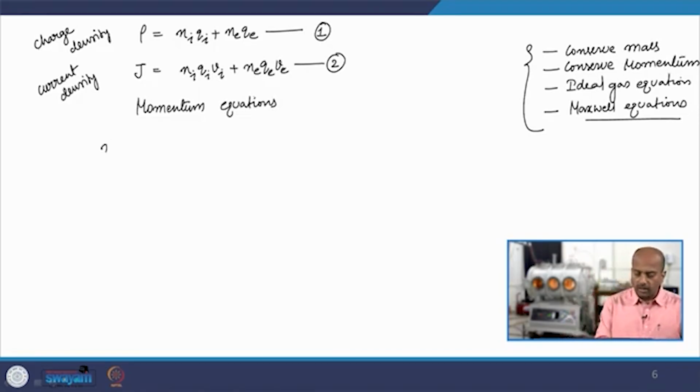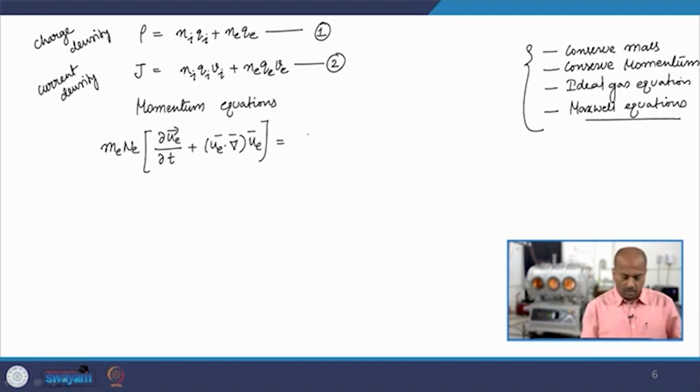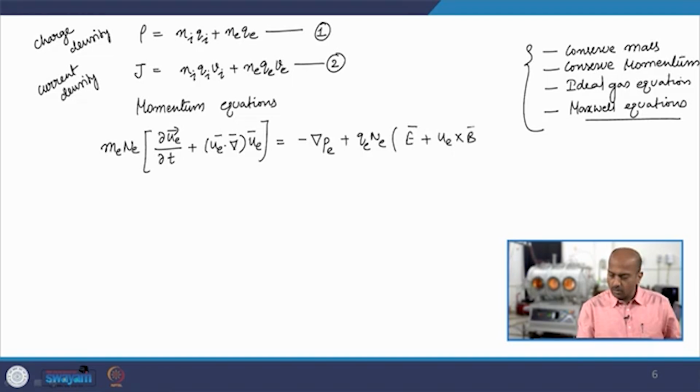So, we will write Me Ne dou Ue by dou T plus Ue dot del times Ue is equal to minus del Pe plus Qe Ne (E plus Ue cross B).